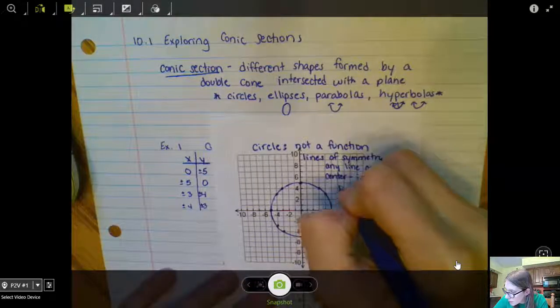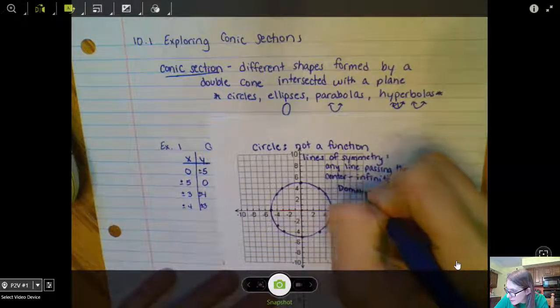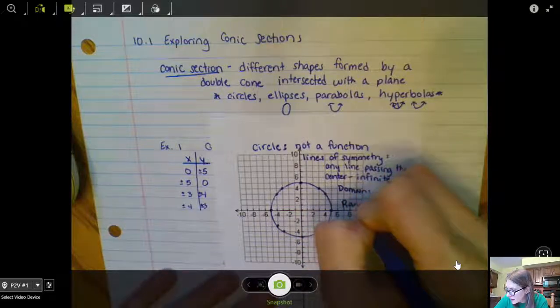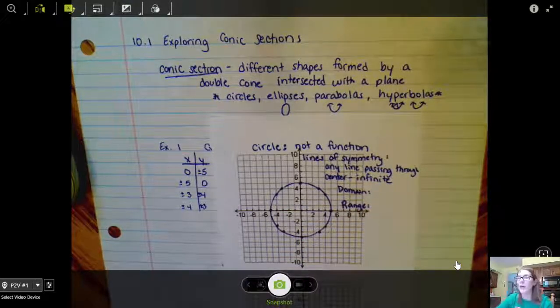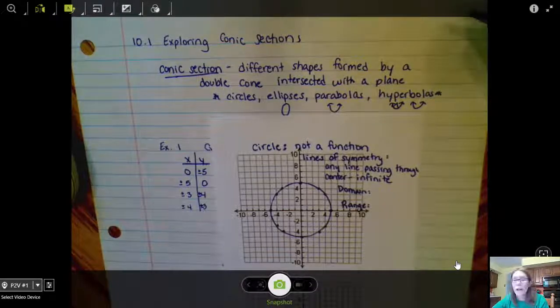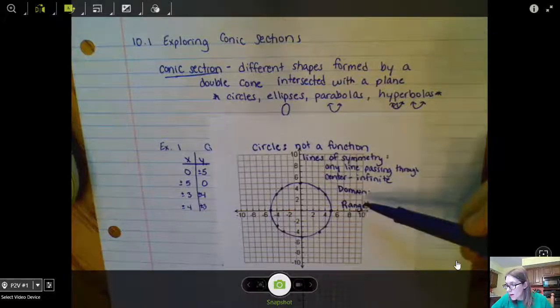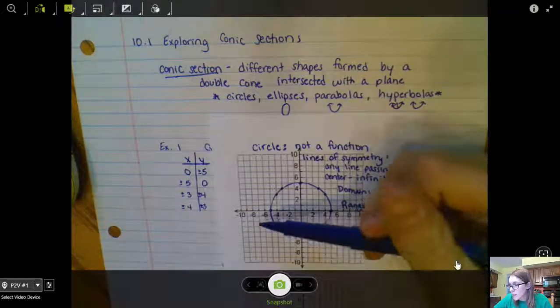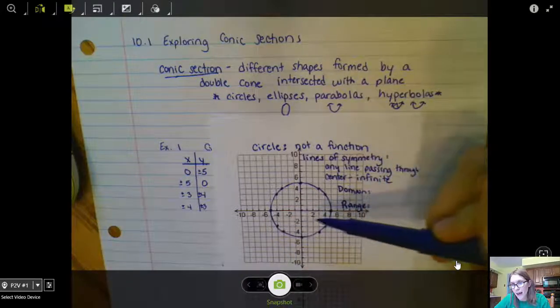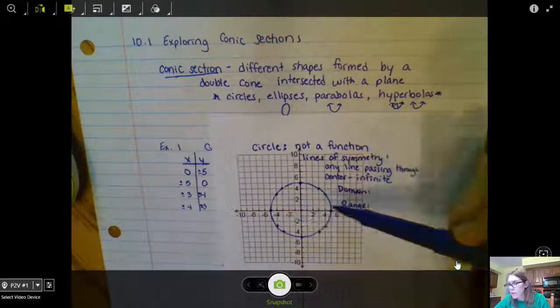And then let's also talk domain and range. Now this is one of our favorite things to think about. So domain, we're talking about x values, the possible x values of a function or an equation, since this one's not a function. Our possible x values, well, the lowest x value we see is negative 5. The highest is 5. Everything else is between that.